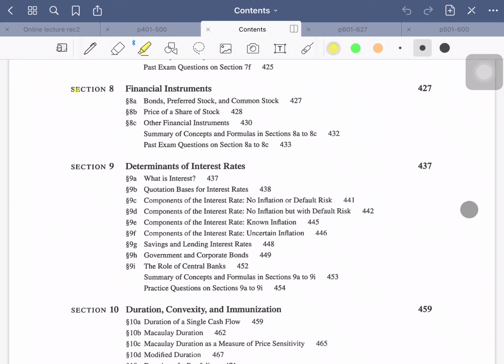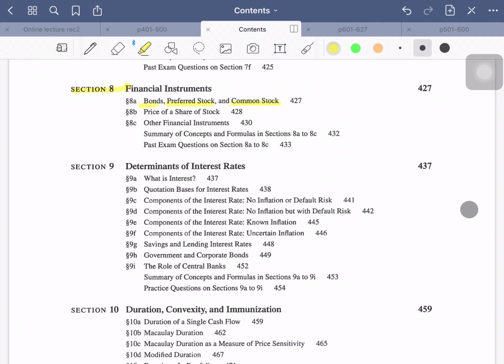Chapter 8 is a short chapter. It compares the bond, the preferred stock, and the common stock. Stock doesn't have any theoretical basis for the price, basically, so we don't have predetermined cash flow. Preferred stock is in between bonds and stock.